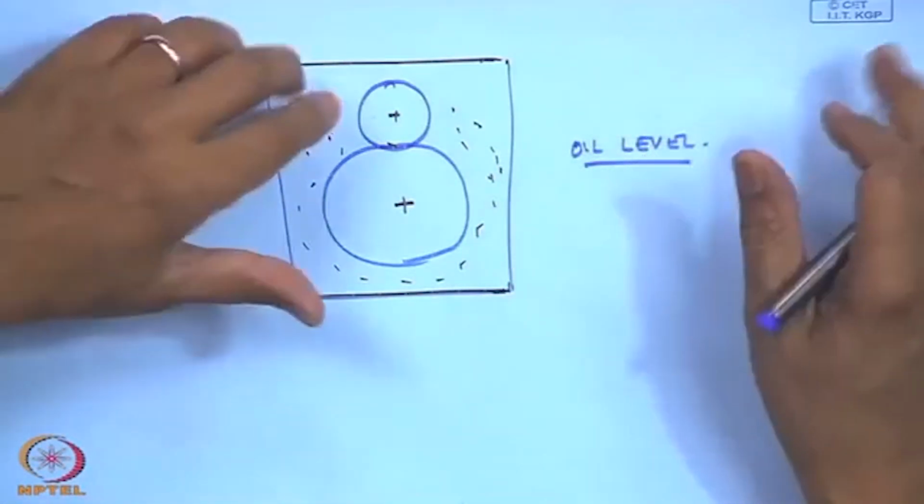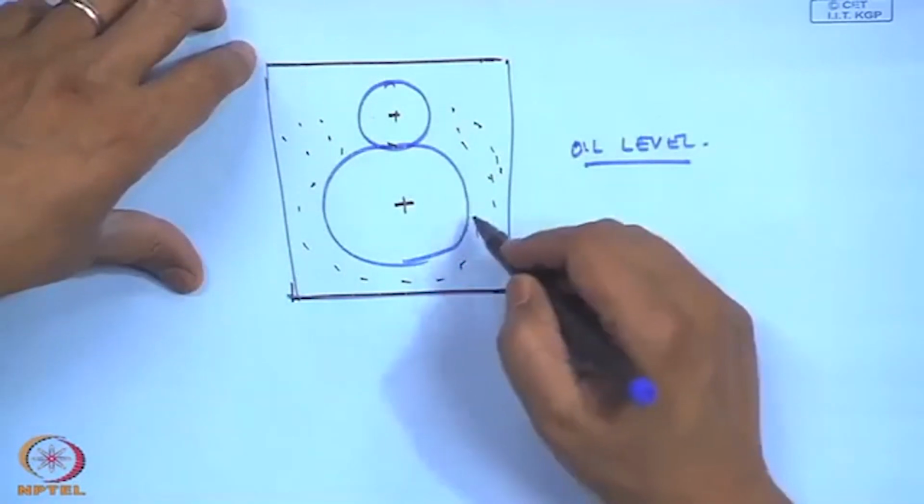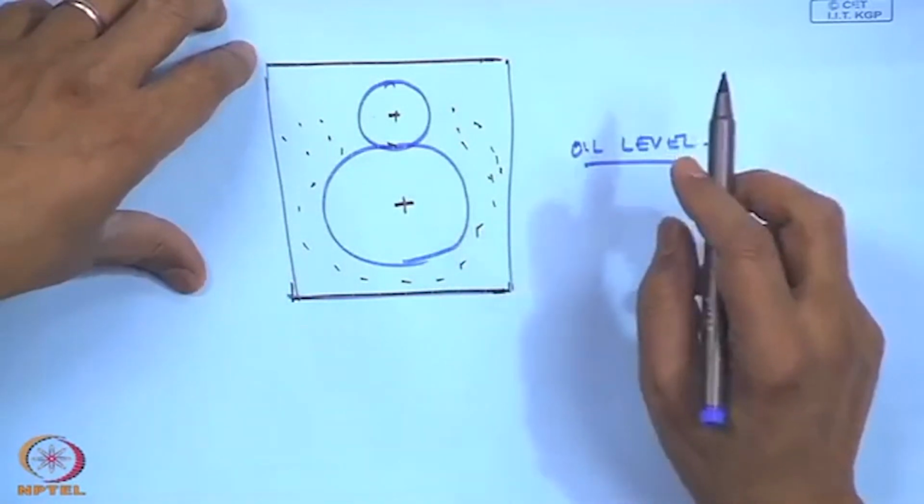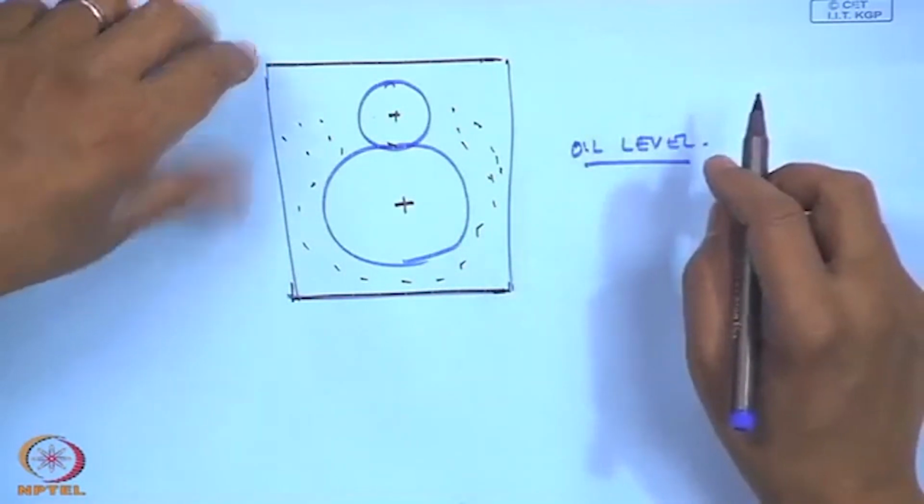In industries, there could be mistakes and people do not have the entire oil. Of course, in automobiles, we have that transmission oil.